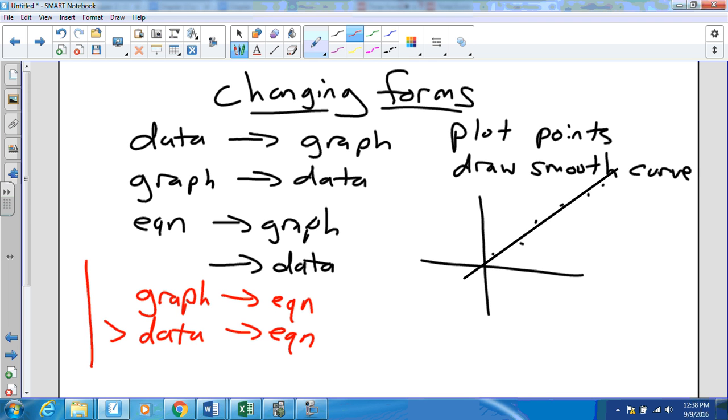To go from a graph to an equation or from data to an equation, I'm basically going to draw on two things. First of all, I'm going to draw on simple models. Y equals mx plus b is a great start. Or if my data are curved, how about a quadratic, right?